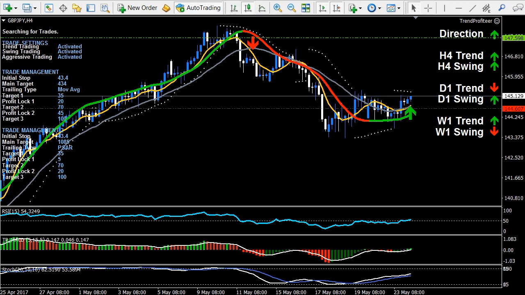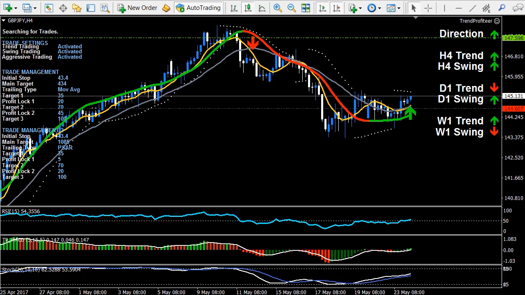We always want to have our reward to risk ratio as high a multiple as we can. So in this case, it's a multiple of 5. The other way of looking at it is what's commonly known as the risk reward ratio, which in this case would be 1 to 5. So it's just the opposite. We're risking 1 unit for 5 units. In other words, the reward is 5 times bigger than the risk.